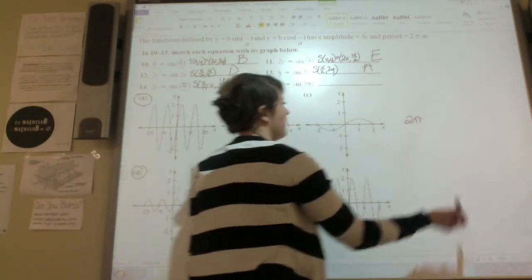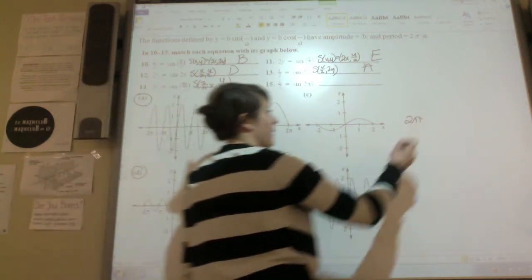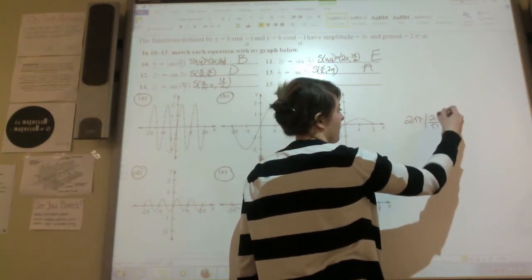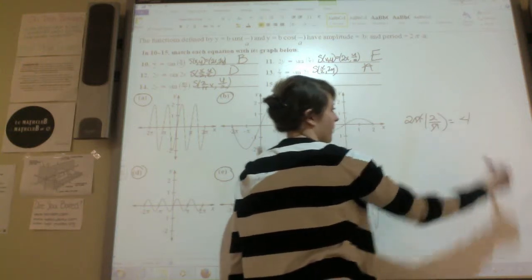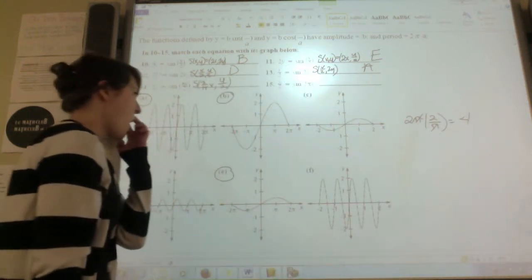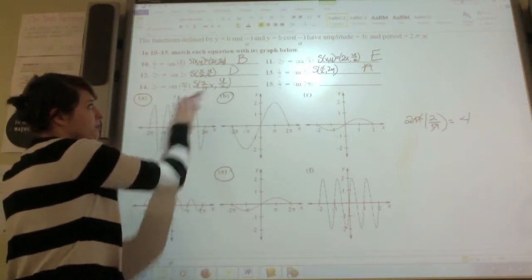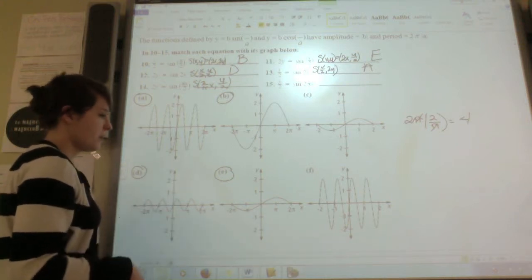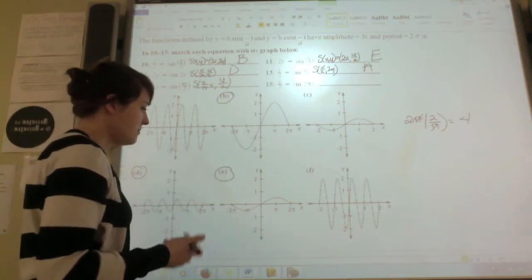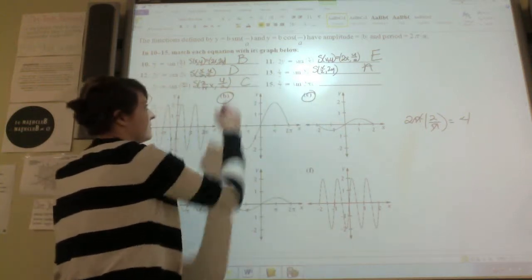If I am multiplying my x values by 2 over pi, my new period is going to be 4. So this one will have a period of 4, and I'm going from -1/2 to +1/2 because I'm shrinking my amplitude by 2. Looking for that graph, that's going to be C.